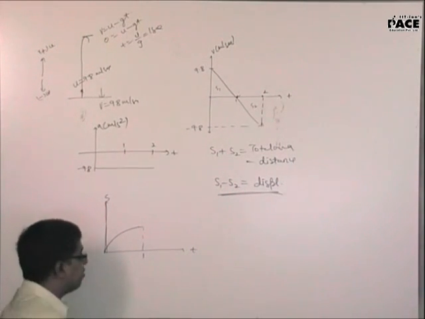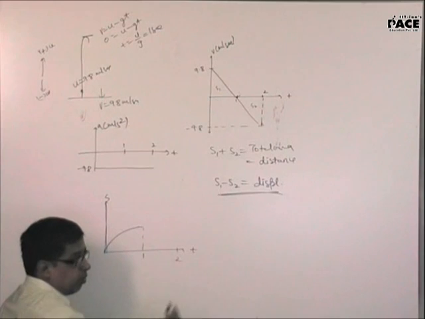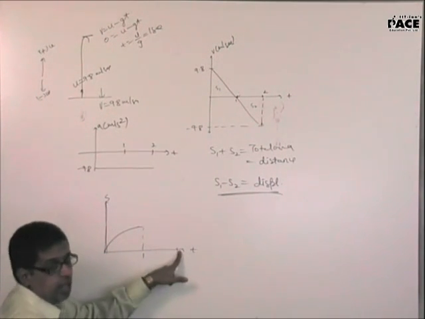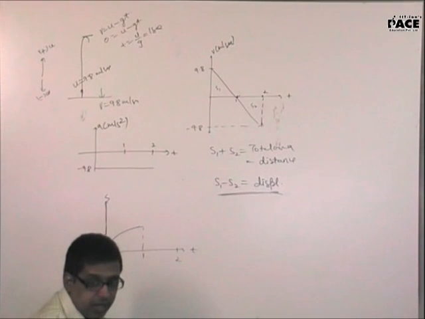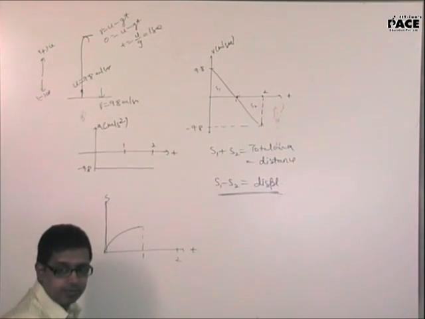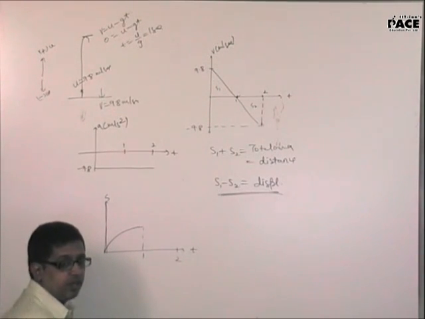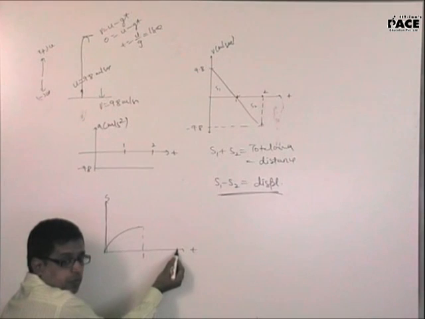Now the second half of the journey, in 2 seconds, you are supposed to reach from here till here. Why do you say that you should reach here? I should reach here simply because after 2 seconds displacement has become 0. The particle will come back to the point of projection. Now, please concentrate, there are two ways of reaching this particular point.